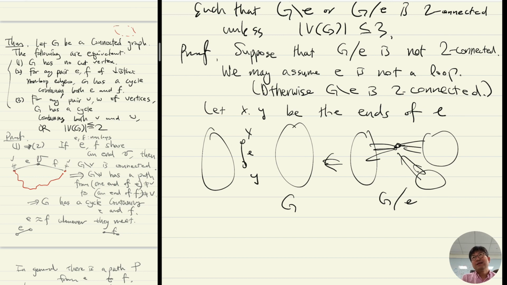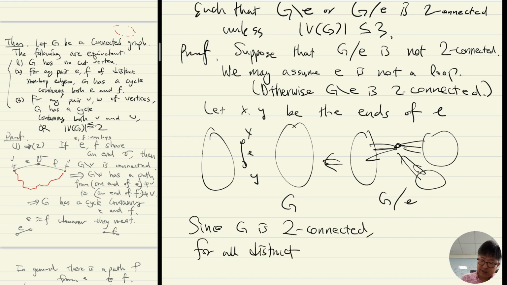Okay, now since G is 2-connected, for any pair of vertices there are two internally disjoint paths.